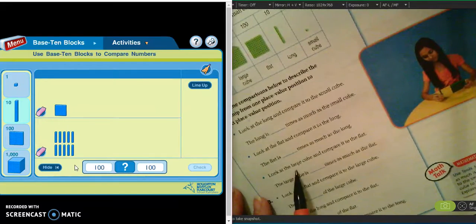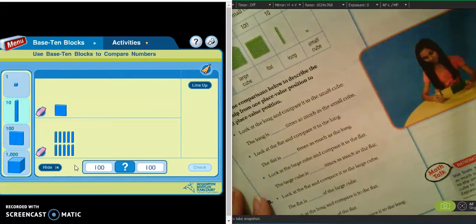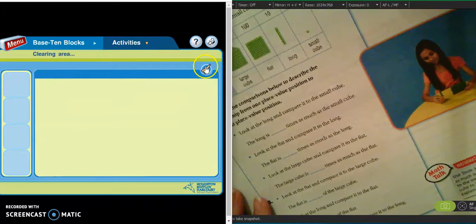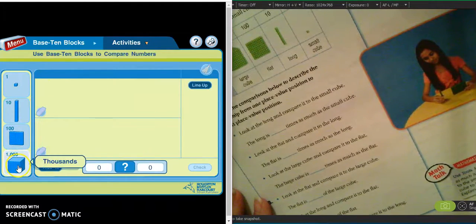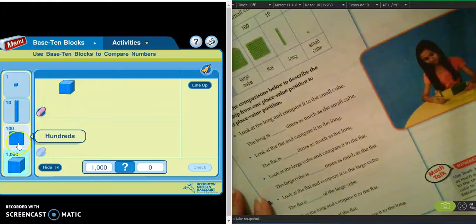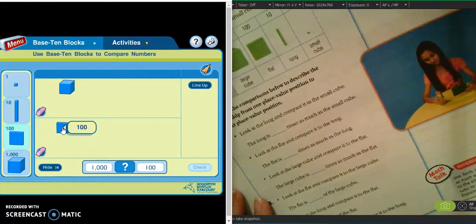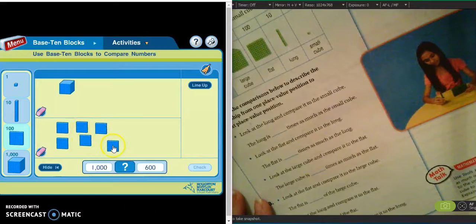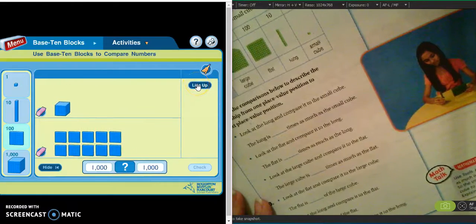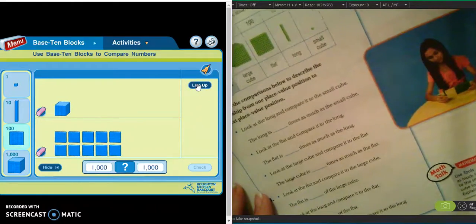The next one says look at the large cube and compare it to the flat. So again, we're going to take our large cube, we're going to compare it to the flat. How many flats does it take to make up the large cube? And again, it is 10.